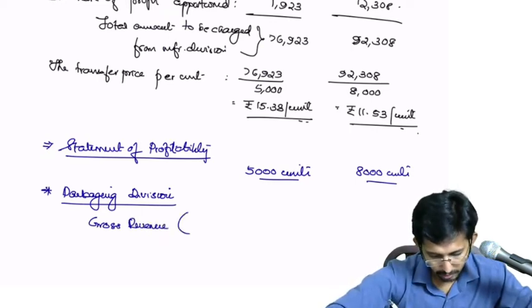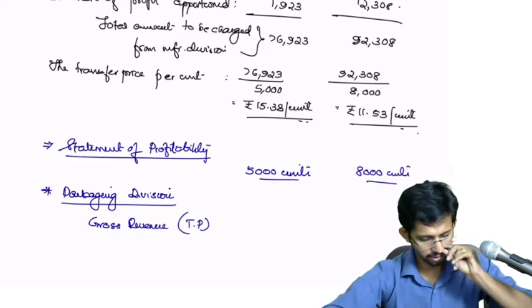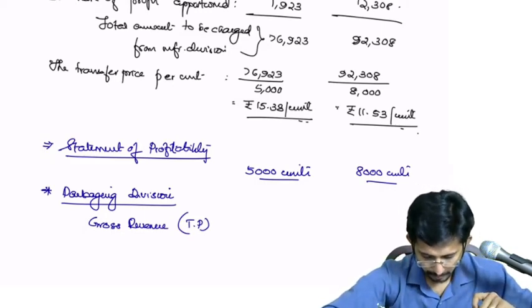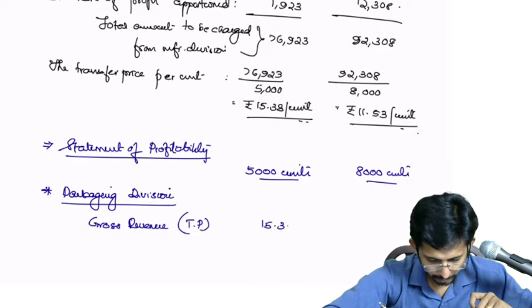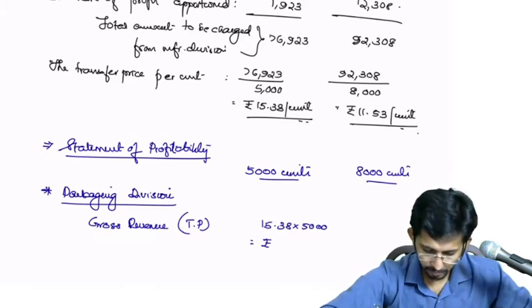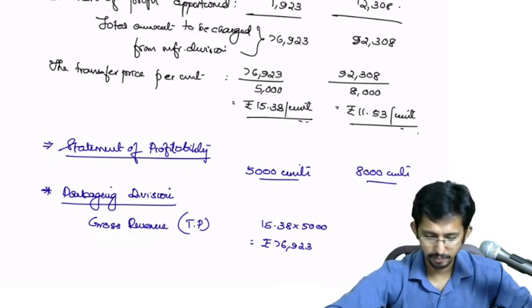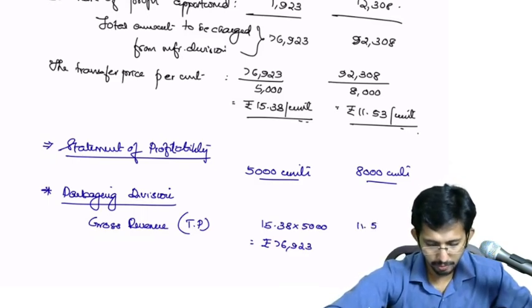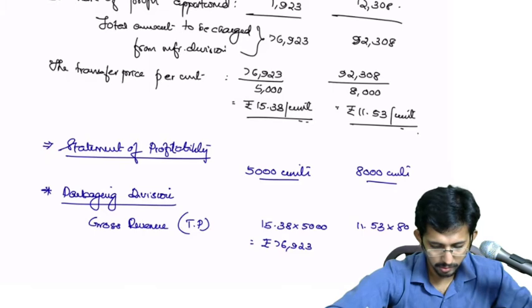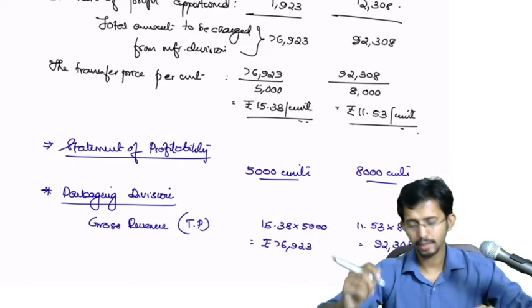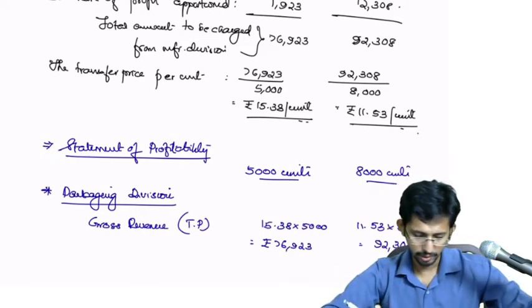Gross revenue, this is TP. What is gross revenue here? $76,923, and here 11.53 into 8000, that is equal to 92,308.